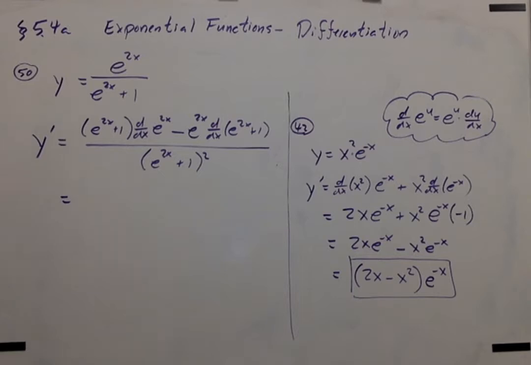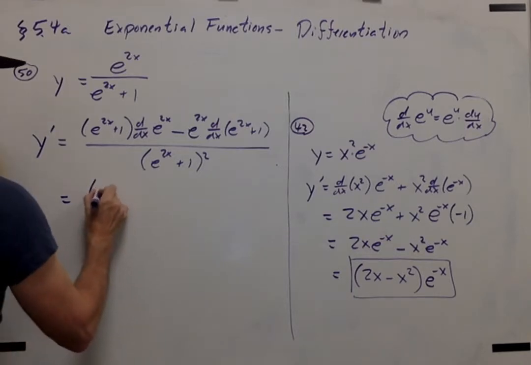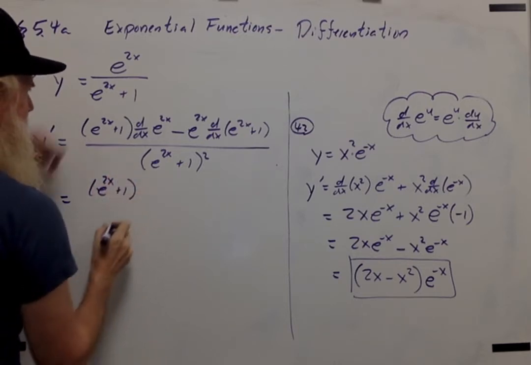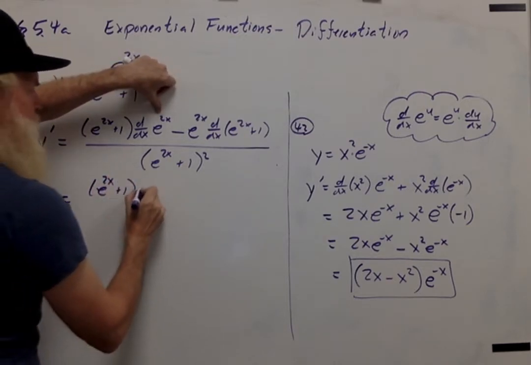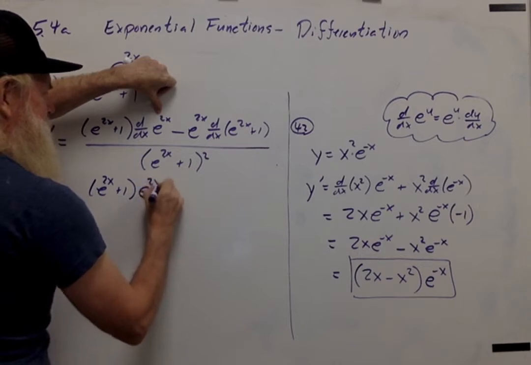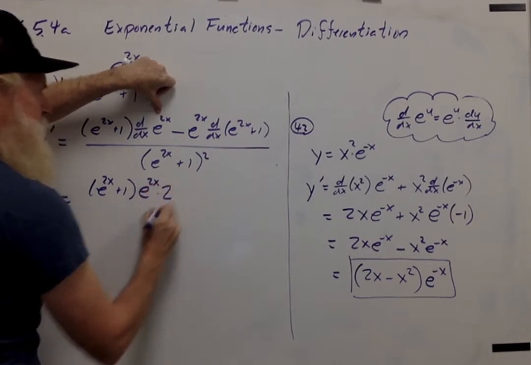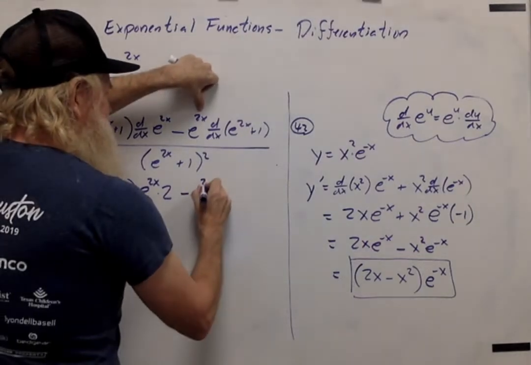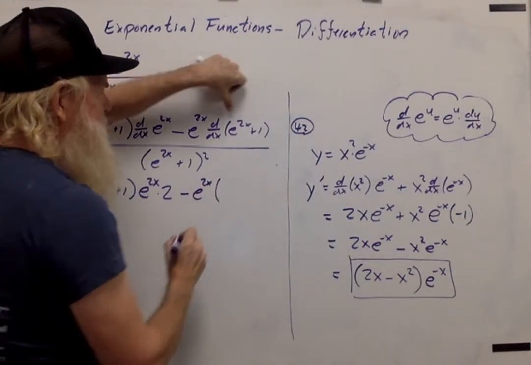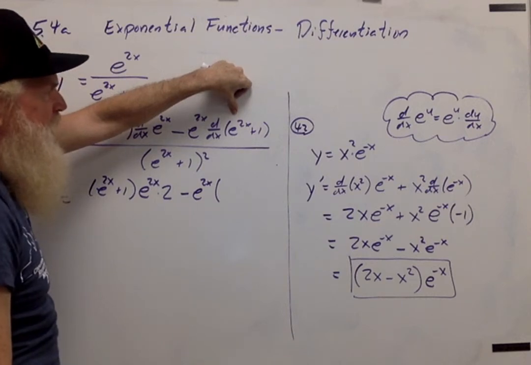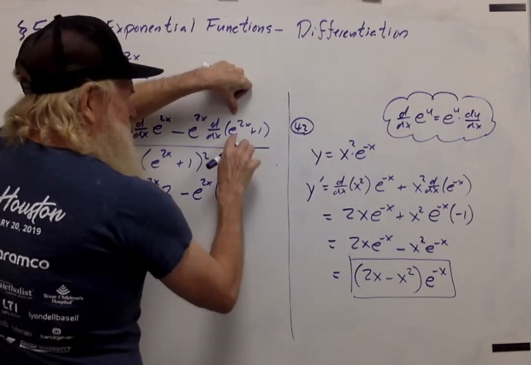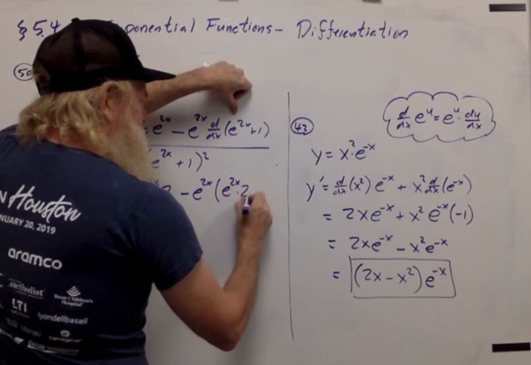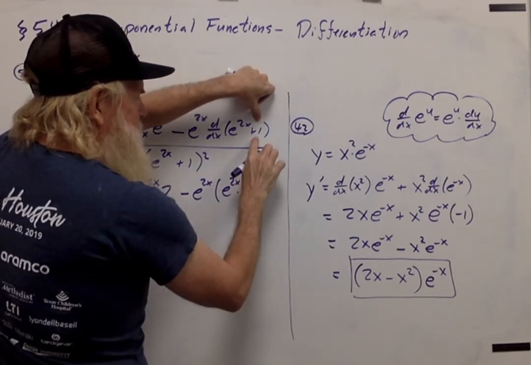So let's take those two derivatives in the numerator. I'll have e to the 2x plus 1 times the derivative of e to the 2x, which is e to the 2x times the derivative of the inside, which is 2, minus e to the 2x times, and then the derivative of e to the 2x plus 1 is going to be e to the 2x times the derivative of the inside, which is 2, plus 0.